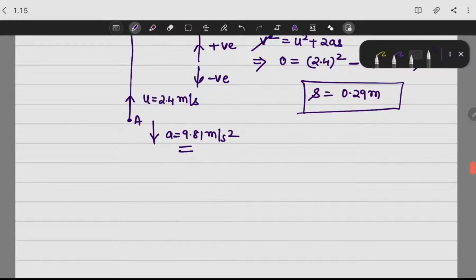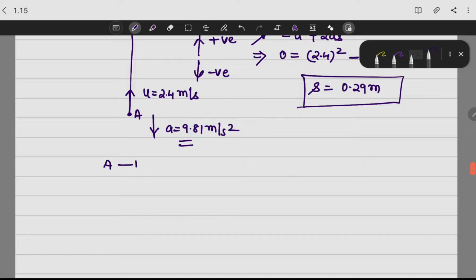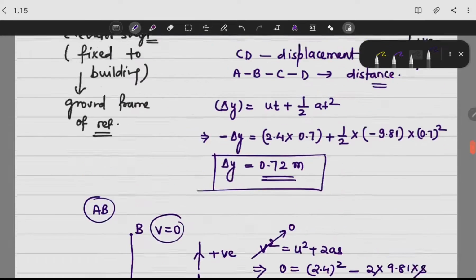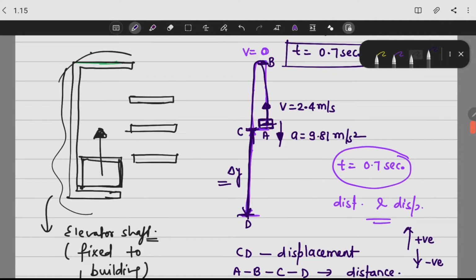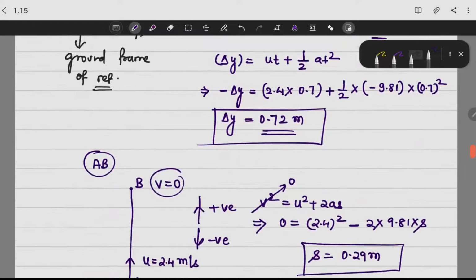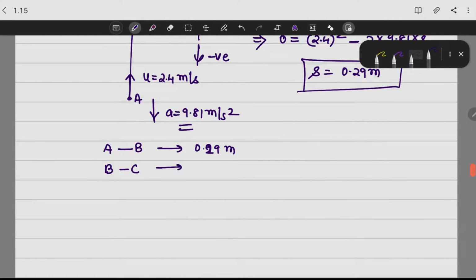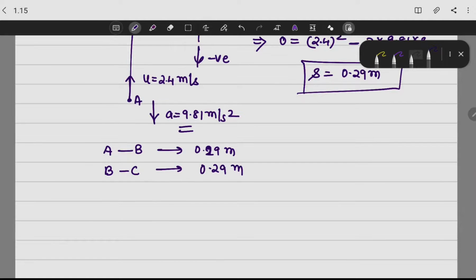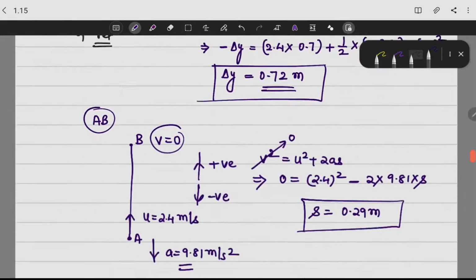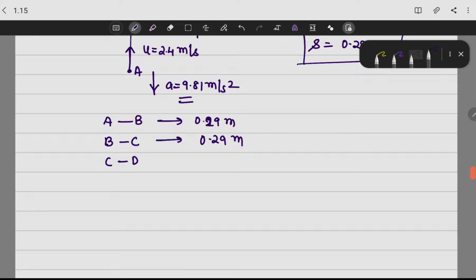So basically the distance between A and B is 0.29 meter. B to C will also be the same, because the A to B distance is the same as the B to C distance. So B to C is also 0.29 meter, and from C to D the distance is 0.72 meter.